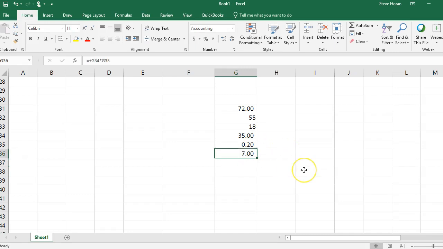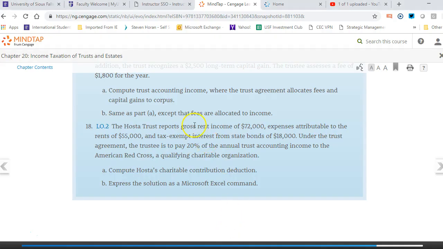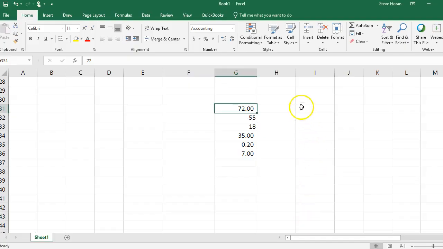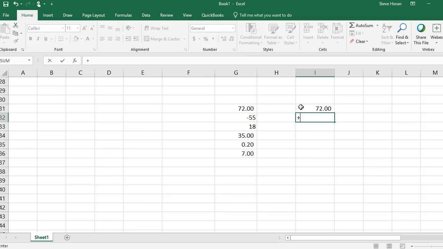Now, however, the deduction is not that high because they had some exempt income. So we'll take the 72,000 right here, and 72,000 is the rent income, and then they had 18,000 worth of exempt interest income. So we're going to calculate what's allowed for them to deduct, and we're going to take 72 and then just divide it by the sum of 72 plus 18.